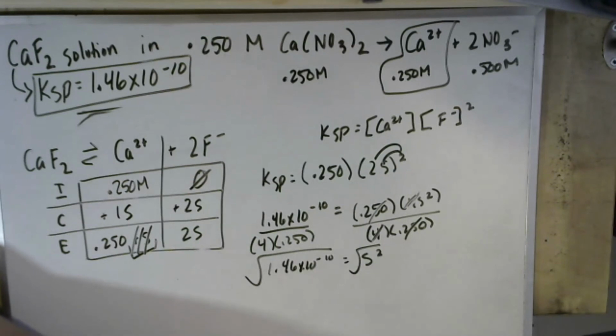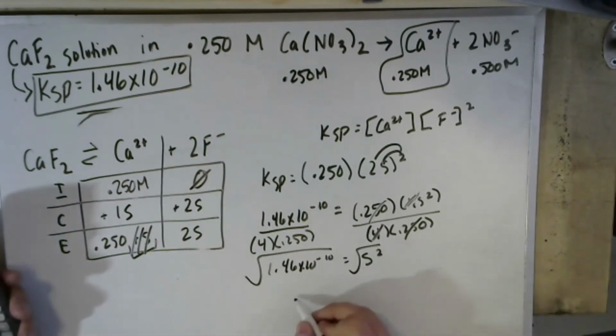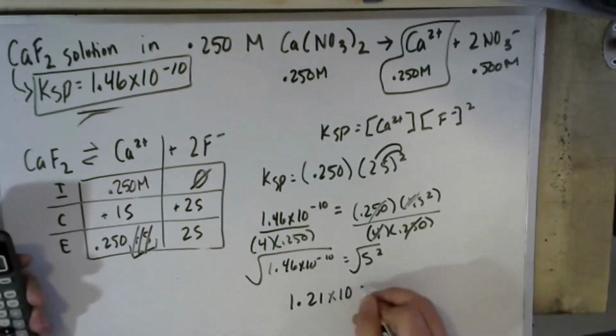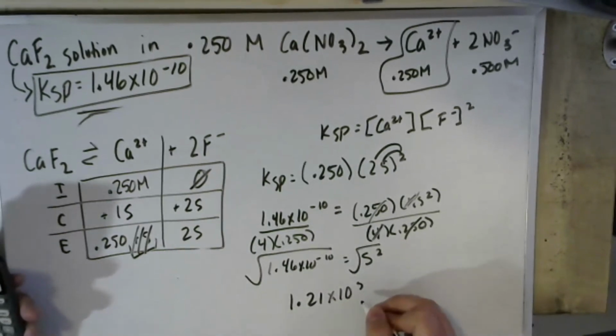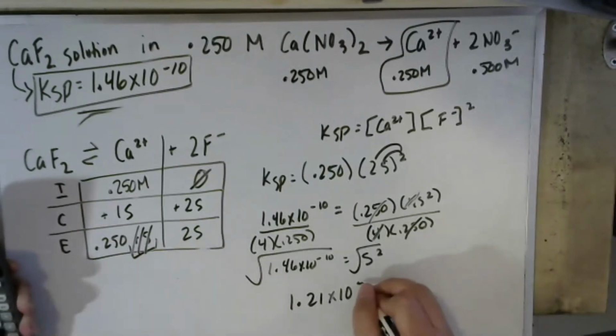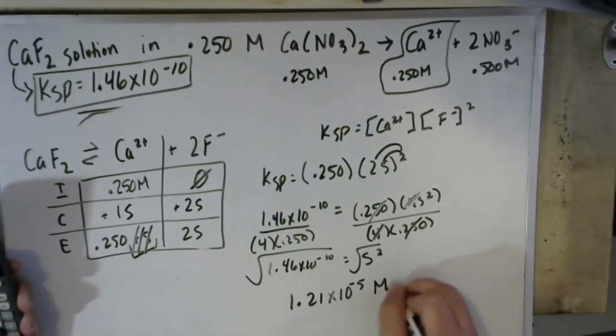And I am going to get an S value of 1.21 times 10 to the -5, I believe. Okay.